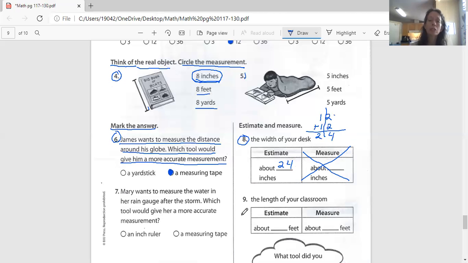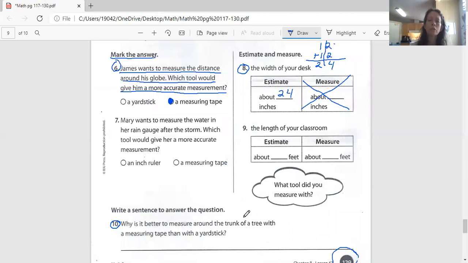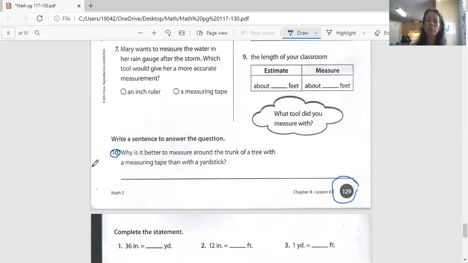Okay, so let's go down to this one, number 10. Let's read the directions together. Write a sentence to answer the question. Number 10 says, why is it better to measure around the trunk of a tree with a measuring tape than with a yardstick?